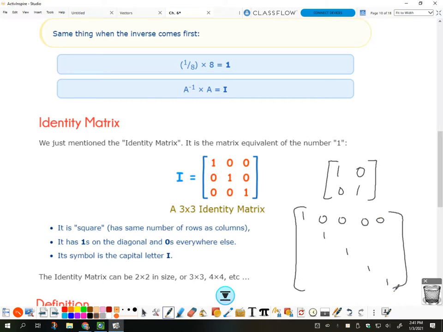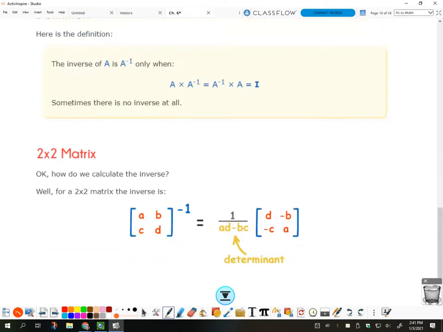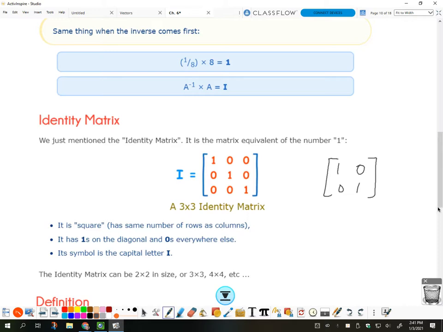So the identity matrix has 1s along the diagonal, and everything else is zeros. If you multiply a matrix times its inverse, you get the identity matrix, which works as just 1, which is going to help us when we're solving these matrix equations in a minute.